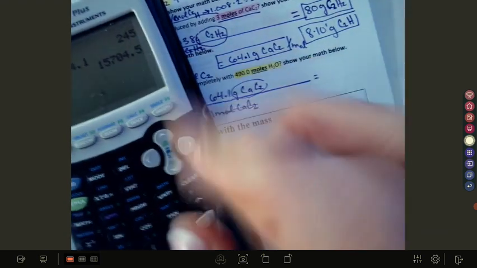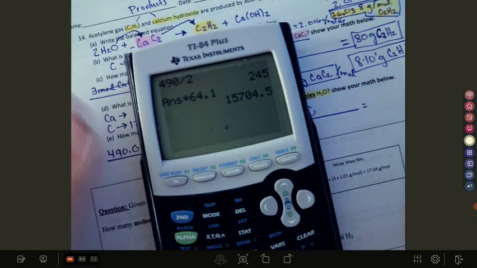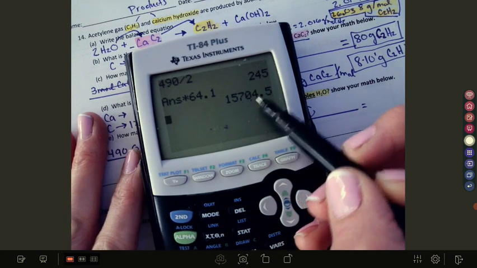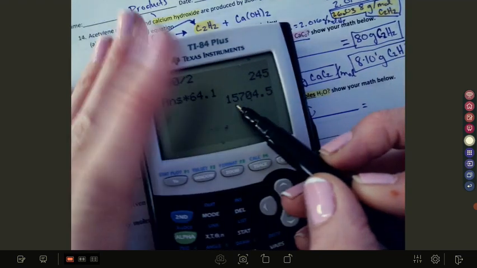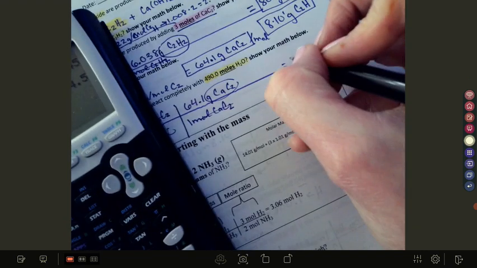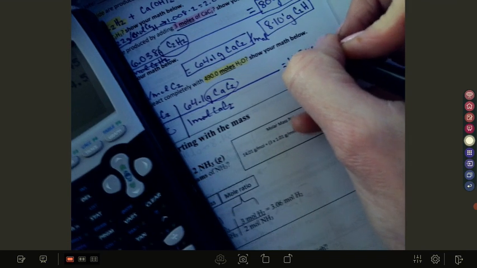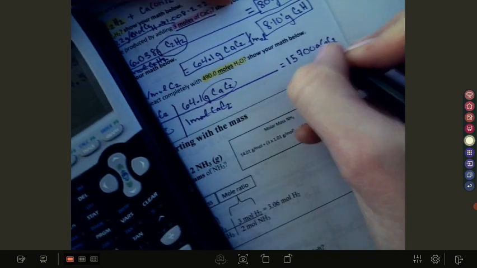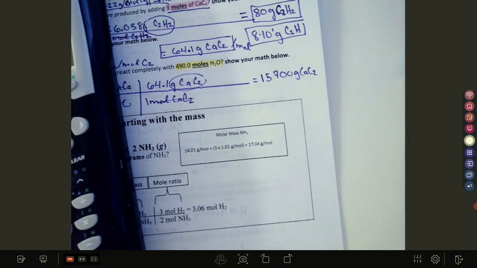Our given quantity had 4 sig figs. So we look at our calculator and go 1, 2, 3, 4. It's a 0, and then we look to the right, it's going to stay where it's at. So we're going to round to 15,700. I'm going to write it in standard notation first. But in scientific notation, one thing I noticed on that last exam is it's something we're not all experts in yet.